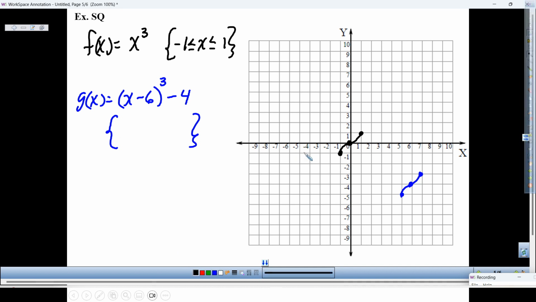This one, the original one, was from negative 1 of x to positive 1 of x. So, that one is between what? We're still in the x.